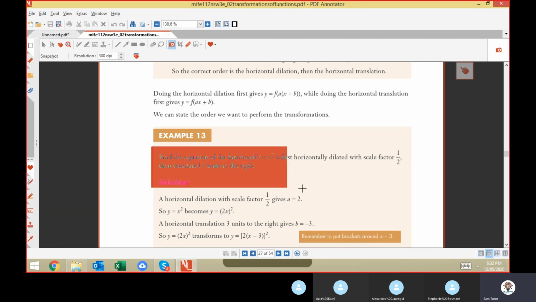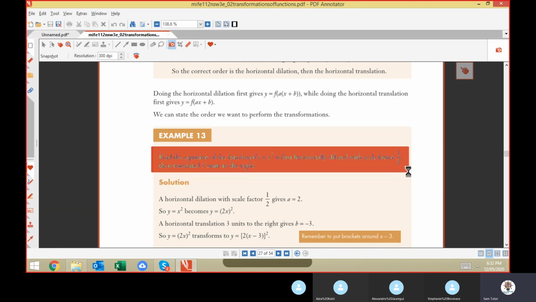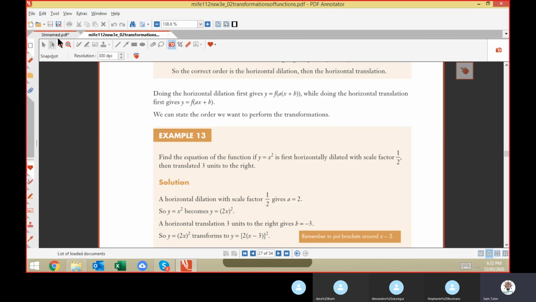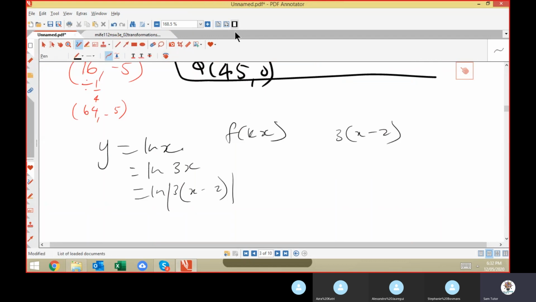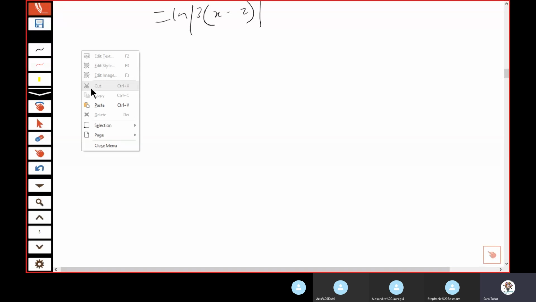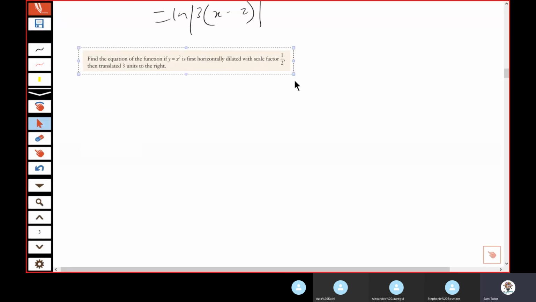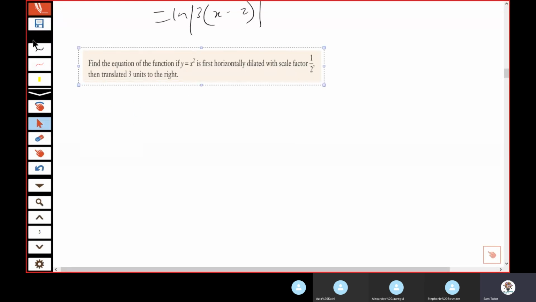Okay, let's try this one. Find the equation of the function y equals x squared if it is first horizontally dilated with a scale factor of half and then translated 3 units to the right.